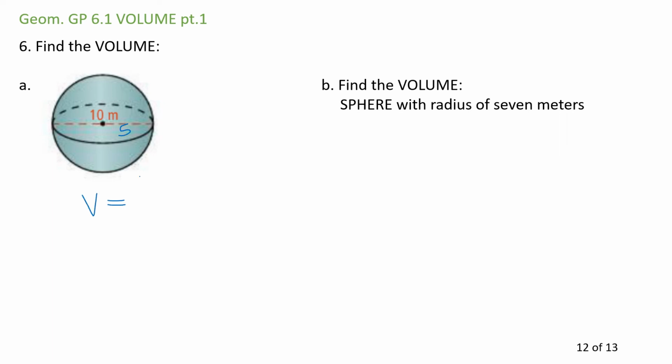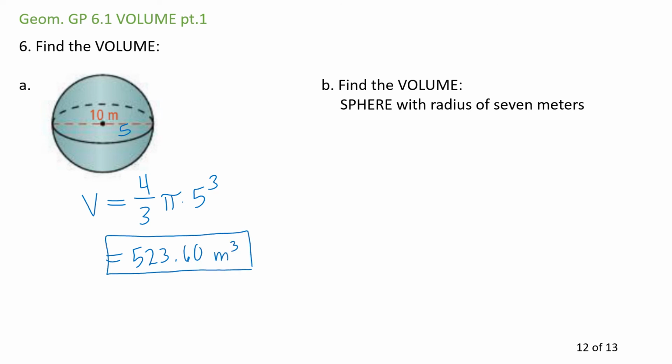The formula is kind of weird looking. 4/3 pi r cubed. Well, my radius is 5, and I'm going to cube that. And then just plug it into your calculator. I'm going to go straight to the decimal. 523.60.